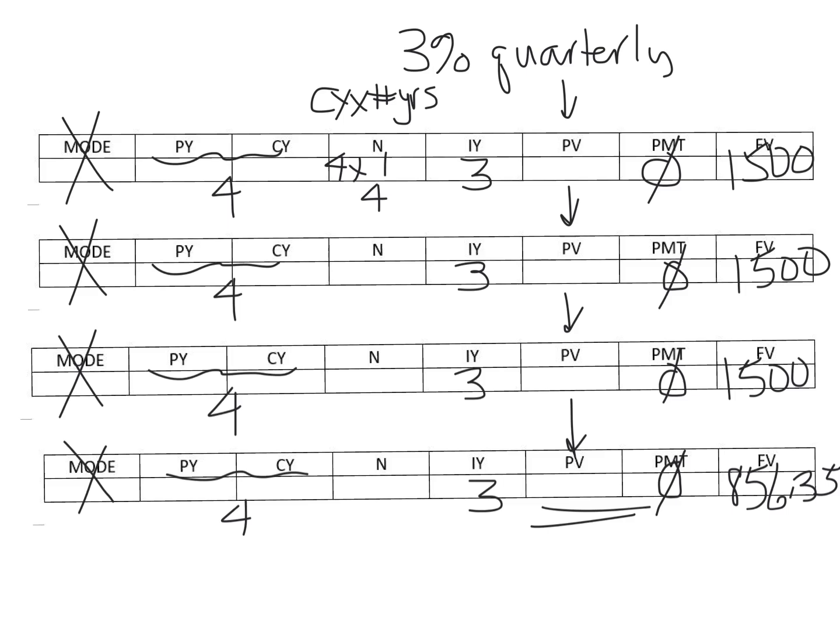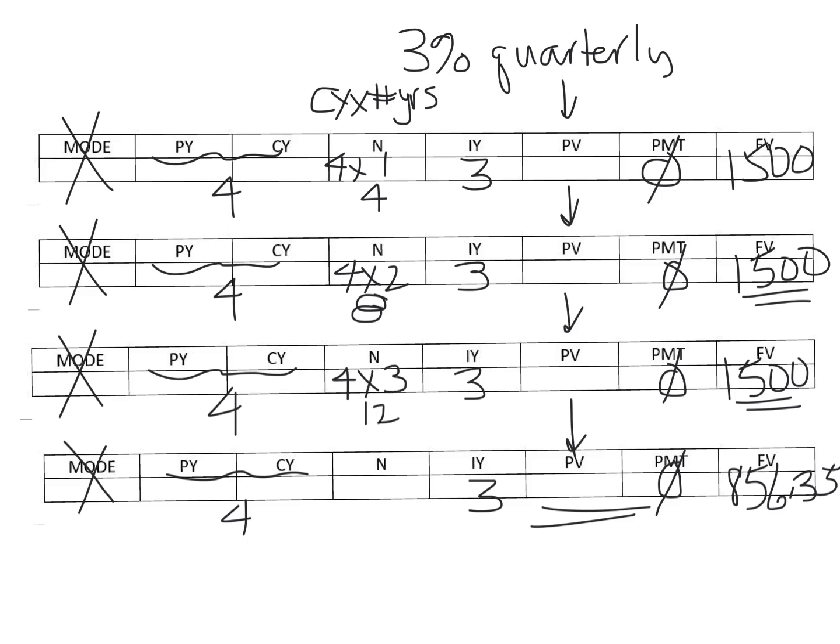For the second one, so this $1,500 here, we're moving it back 2 years. So in this case, it will be 4 times a year for 2 years. That will give us an N of 8. This one we have 3 years in the future. We're moving it back 3 years. So our N will be 4 compounds per year times 3 years. That will be 12.